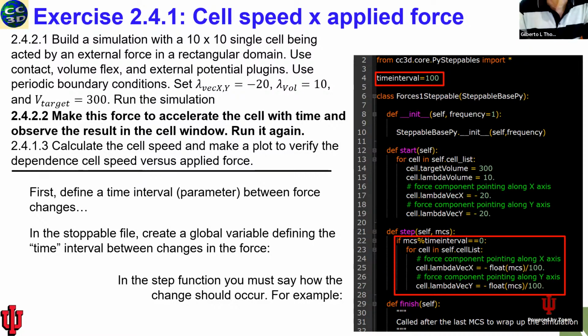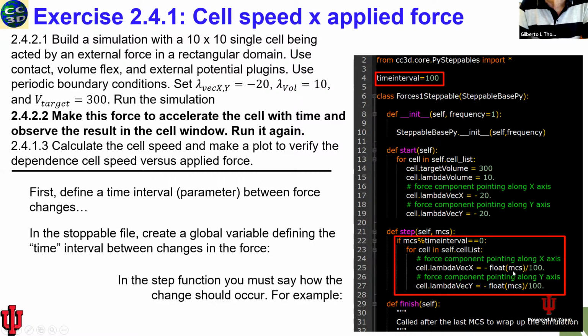So this condition, if Monte Carlo step percent time interval, means that if the Monte Carlo step is a multiple of the time interval, say if you have time interval 100, each time the Monte Carlo step is 200, 500, 1,000 or something like that, an integer multiple of the time interval, it enters this block and changes lambda vec x and y proportionally to the value of the Monte Carlo step.